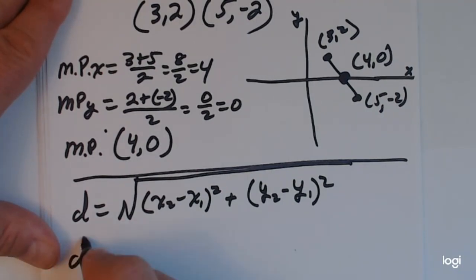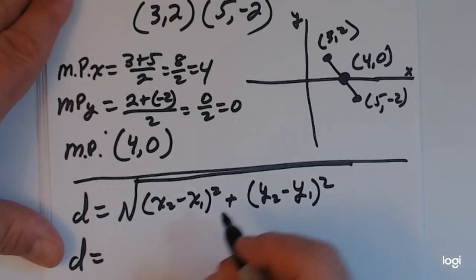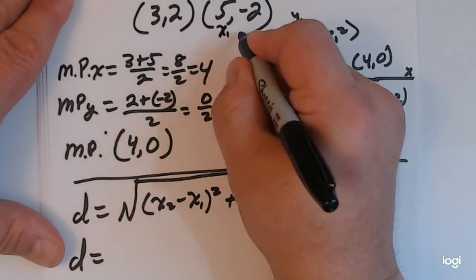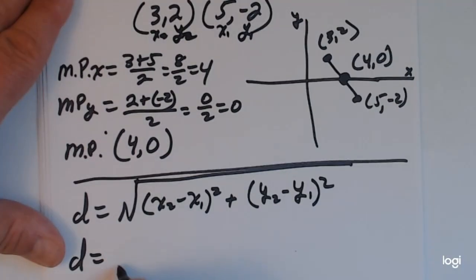So we've got 3. I'm going to make this x sub 1 and this y sub 1 and this x sub 2 and this y sub 2. It'll make it a little bit easier.